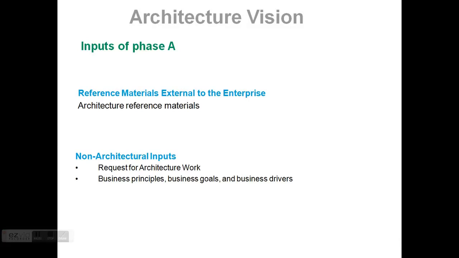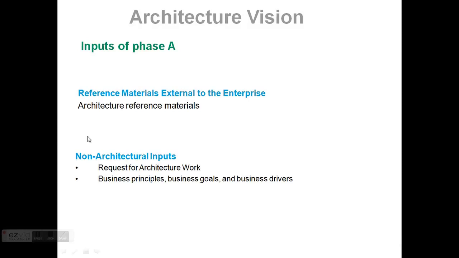This category is talking about that kind of reference material. The architectural repository acts as a holding area for all architectural related projects within the enterprise, and these inputs are the ones that we are going to use in this phase.